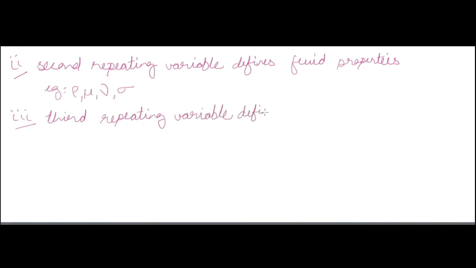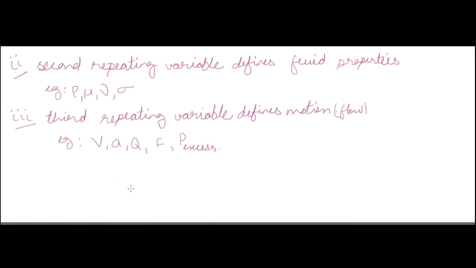So this is density rho, this is dynamic viscosity, this is kinematic viscosity and this is surface tension. These are the variables that define the fluid properties.